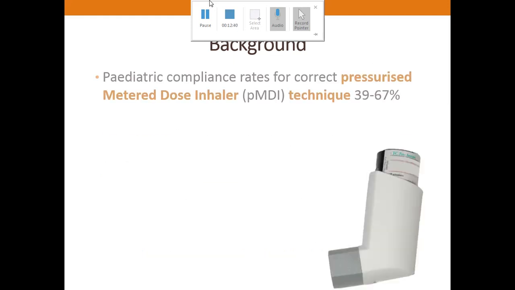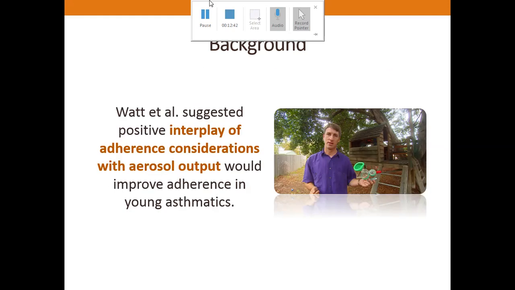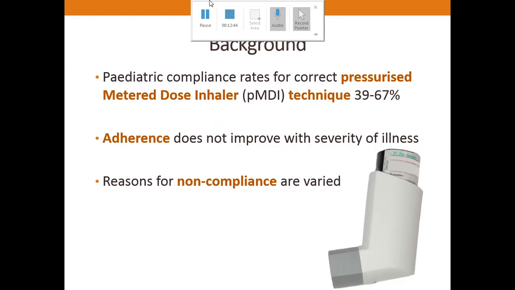Okay. So paediatric compliance rates for pressurized metered dose inhalers are about 39 to 67%. So you can see with all these different types of inhalers, it's quite a low adherence rate. Very few people actually use the treatment programs that they're given.